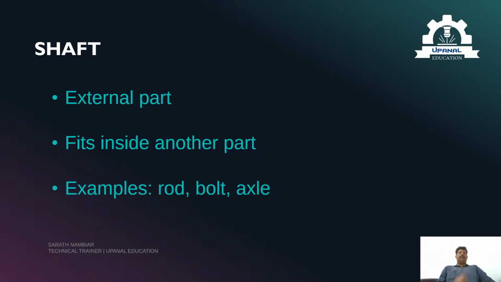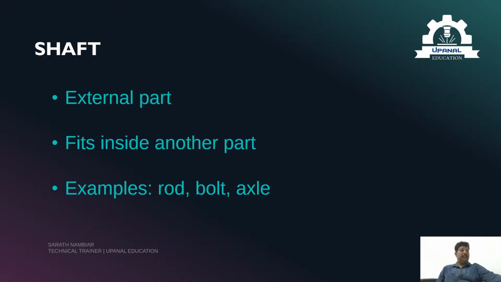Now, what is a shaft? So, shaft is the outer or the external part. It is the part that goes inside another component. So, the shaft is a male part that goes inside the female component. Examples of shafts are a rod, a bolt, a rotating axle, a motor shaft.